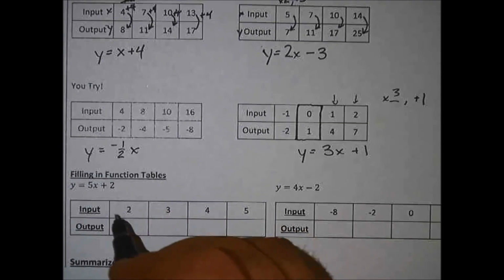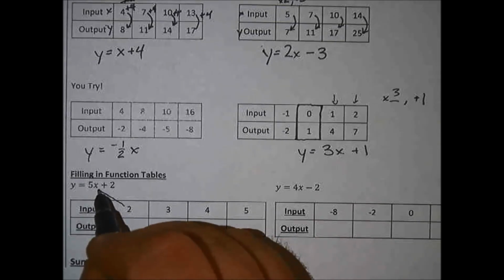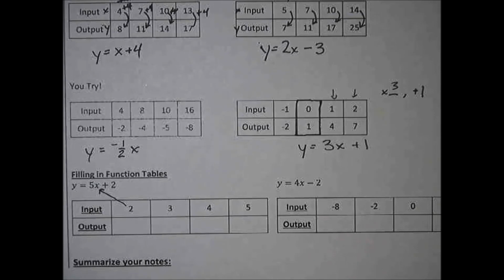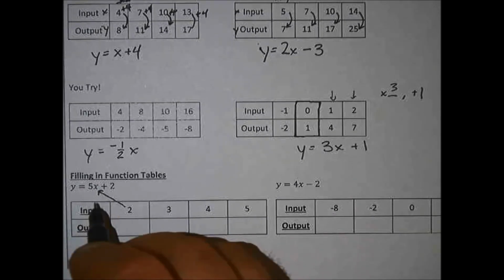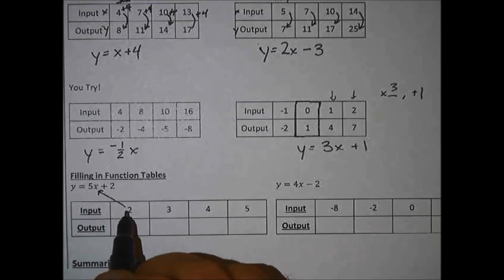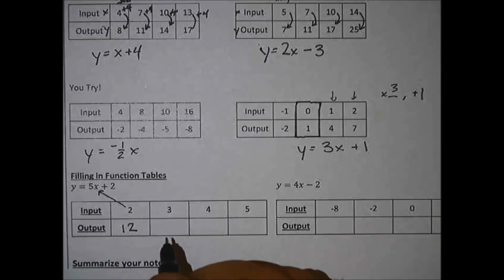All right? We're going to take this input of 2 and put it in for x. We're going to put that 2 right into x. Okay? And just replace that with x and figure out what we have. 5 times 2 is 10, plus 2 is 12. Okay, this is where we really get to use our function machine.